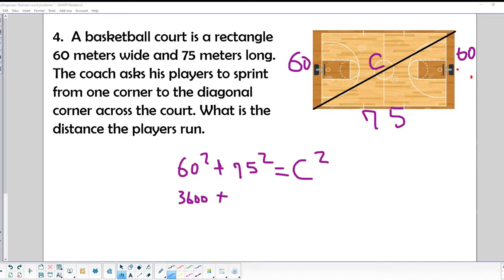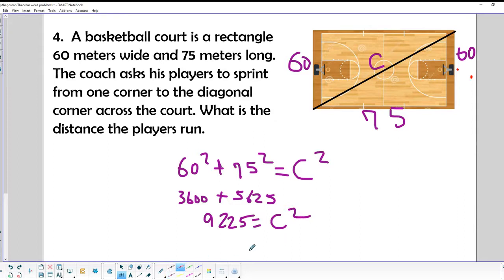So 75 squared, that's 5,625. Now we're going to add that to the first number. So 5,625 plus 3,600, and that gives us a total of 9,225. So 9,225, and that equals C squared.